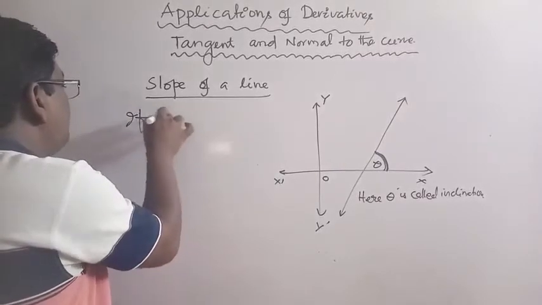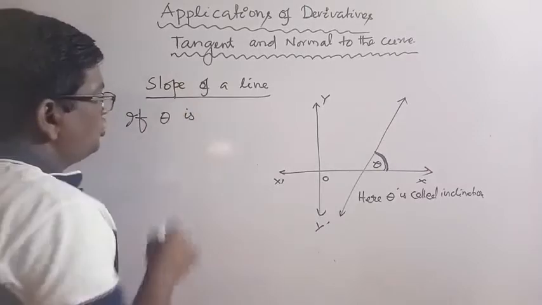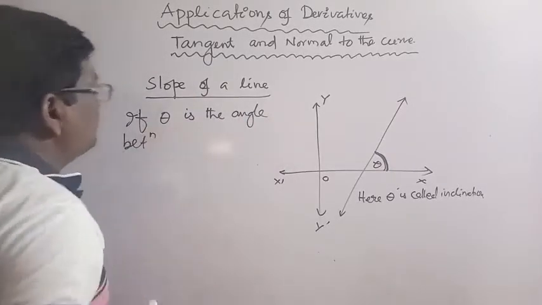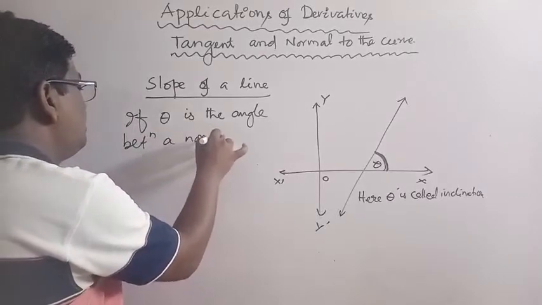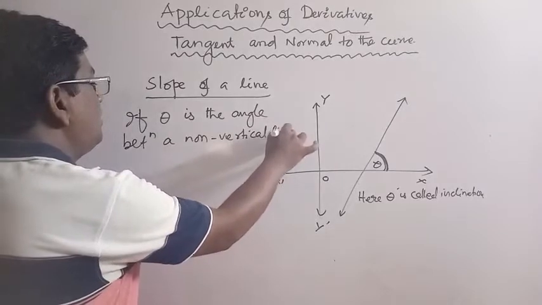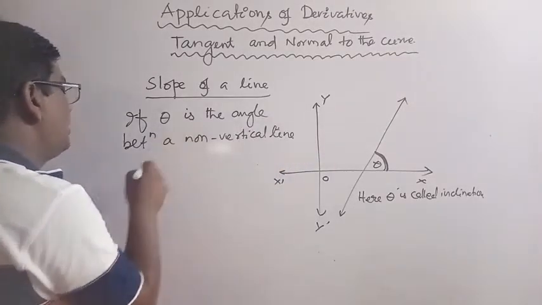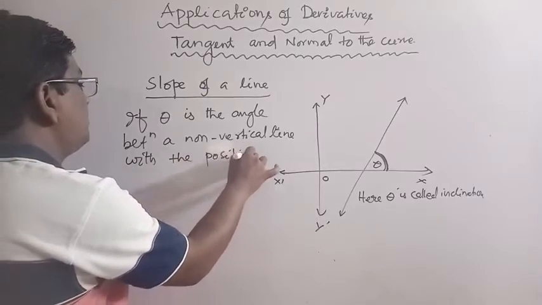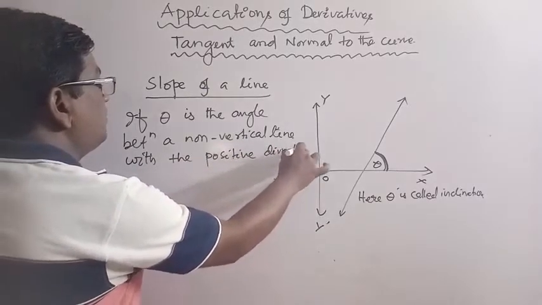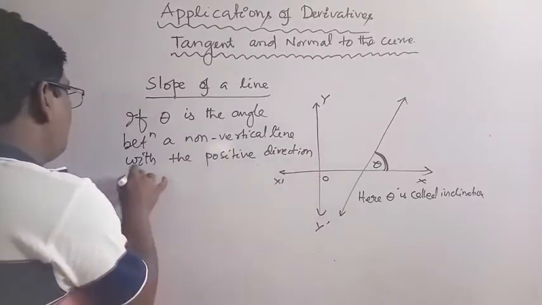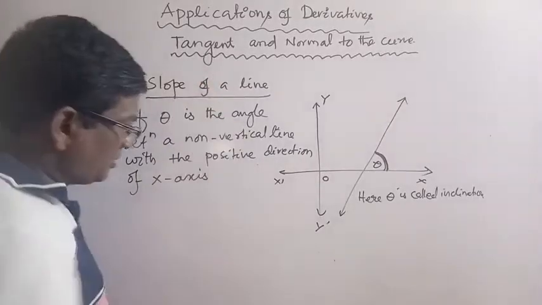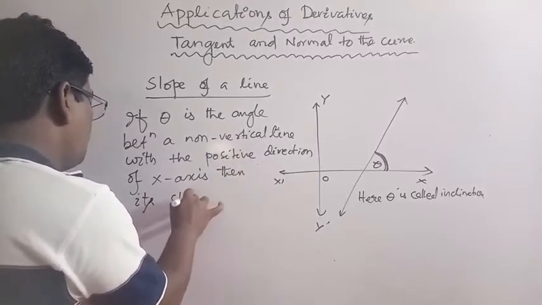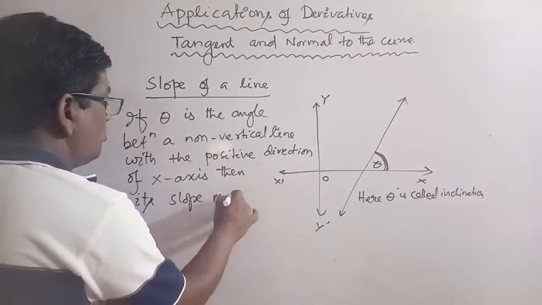If theta is the angle between a non-vertical line and the positive direction of the x-axis, then its slope, with symbol m, is equal to tan theta.